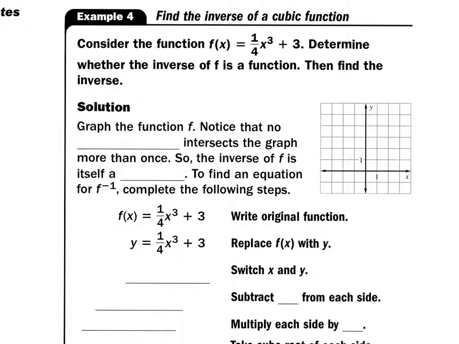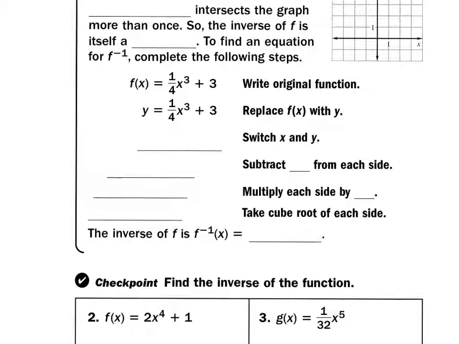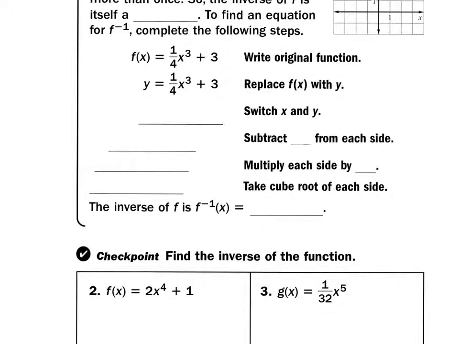Okay, example 4. Find the inverse of a cubic function. Well, again, we're not going to worry so much about its graph. And let's go down here and just find the inverse of it. So we're going to write the original equation, put in the y, and then switch the x and the y. So how do I get my y by itself? I'm going to subtract the 3.